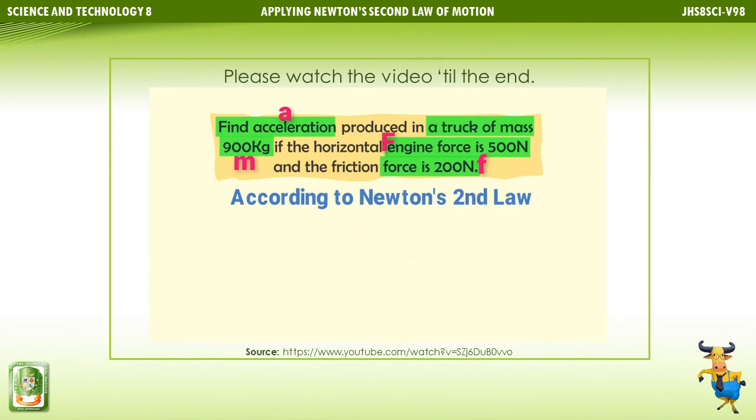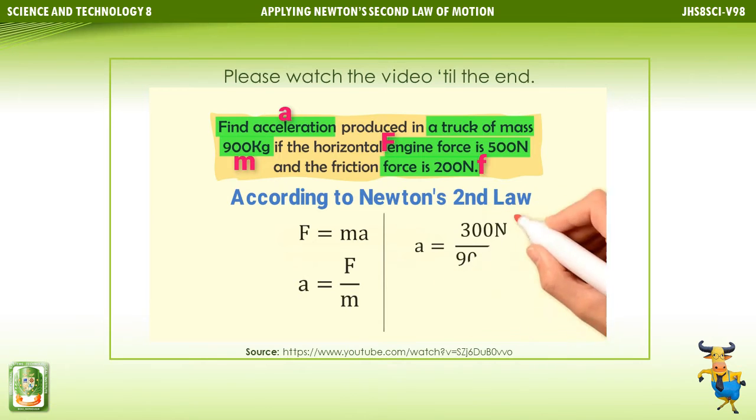According to Newton's second law of motion, F is equal to ma. We will shift mass m from the right hand side to the left hand side. Hence a is equal to F upon m. Now plug in the values in this equation. a is equal to the net force F on the truck, which is 300 Newton, and the mass of the truck is 900 kg.